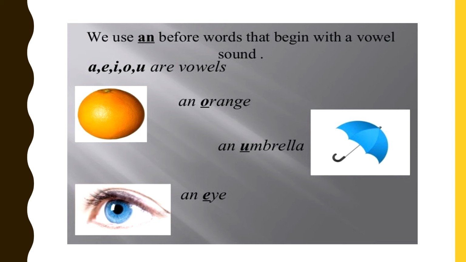Okay, orange begins with O, which is a vowel, and the sound is also a vowel sound. Umbrella begins with U, which is a vowel, and the sound is also a vowel sound. Right? U has a sound here. Umbrella. That's why it is an. In the same way, an eye. Let us move further.